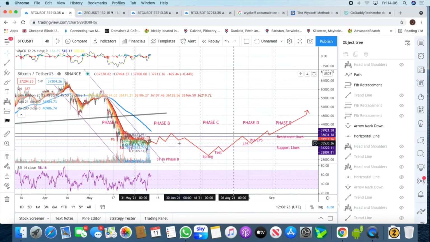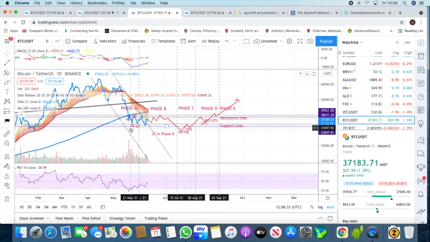So in terms of ZCash, we can choose to take our lead from the Bitcoin. We can look at the Bitcoin price operating within this trading range, and this is going to be a very good time for us if we see Bitcoin get rejected here by the 200 moving average.